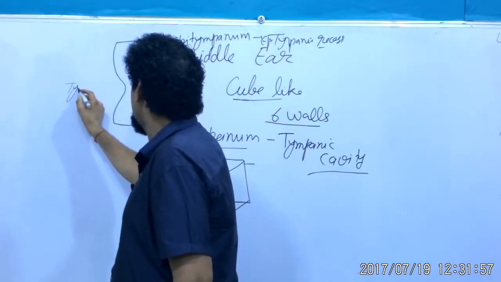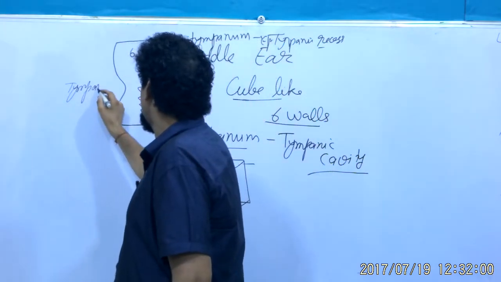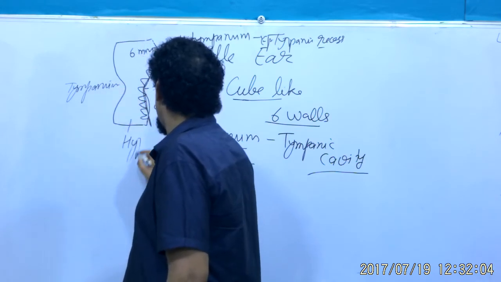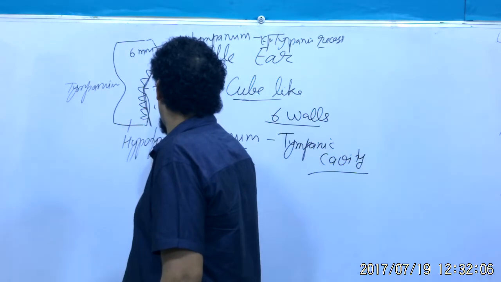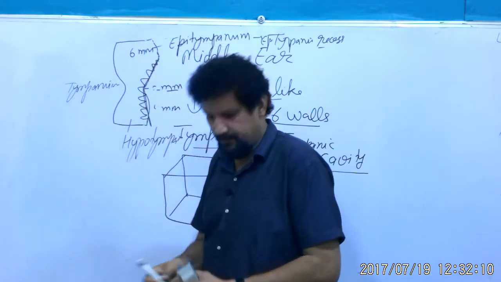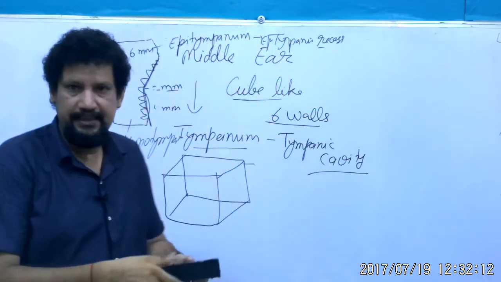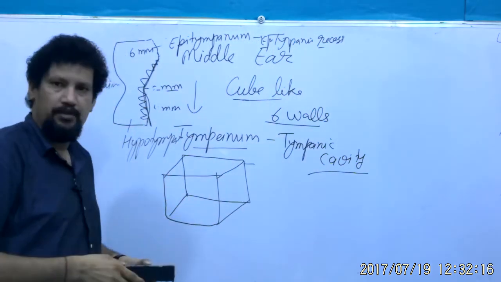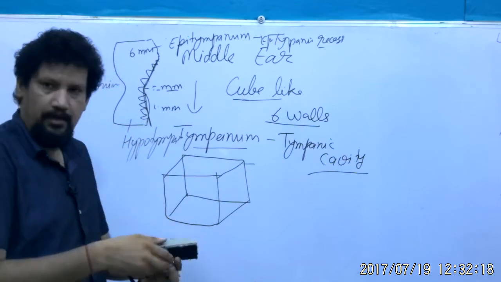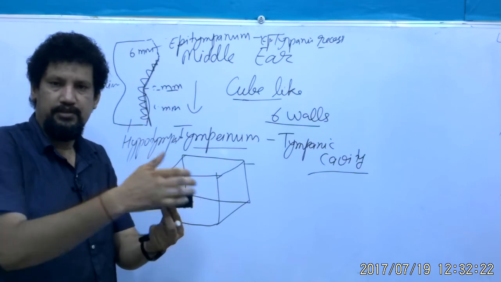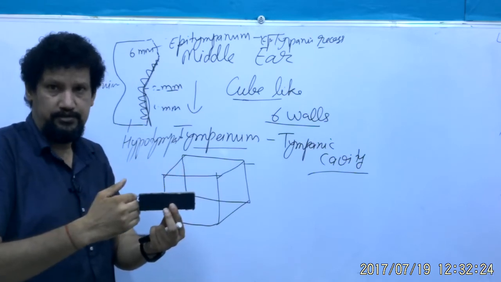So simply the cavity, when we see this coronal section, this is the roof, floor, the lateral walls, the anterior and the posterior walls.